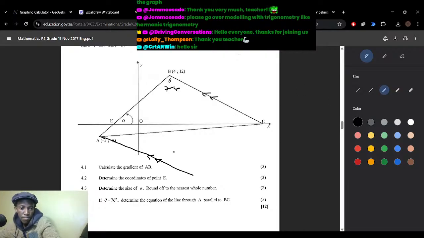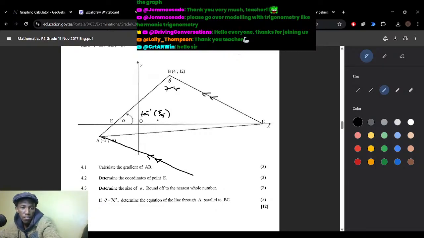So where was I? Okay, yeah. So this is 76 degrees, and also we have calculated our theta, which is tan inverse of 5/3, right?